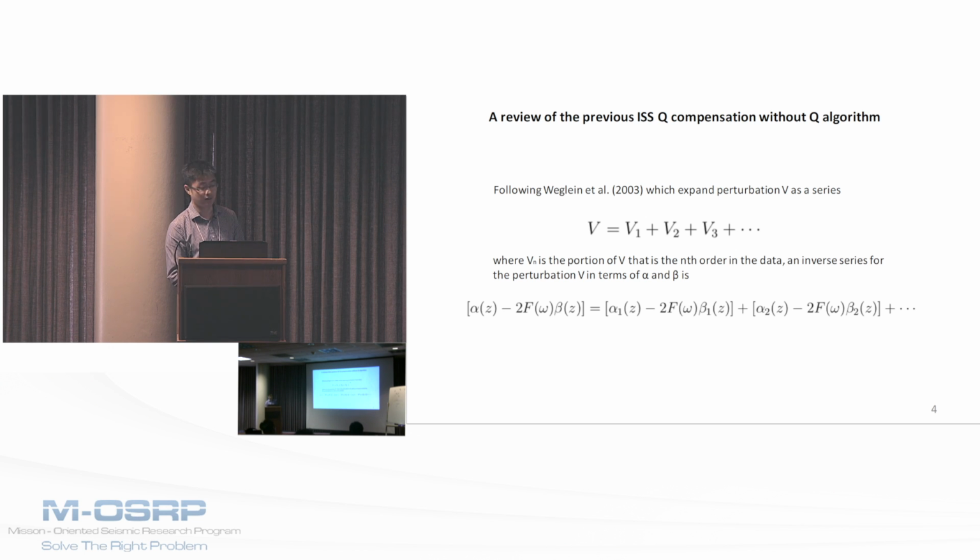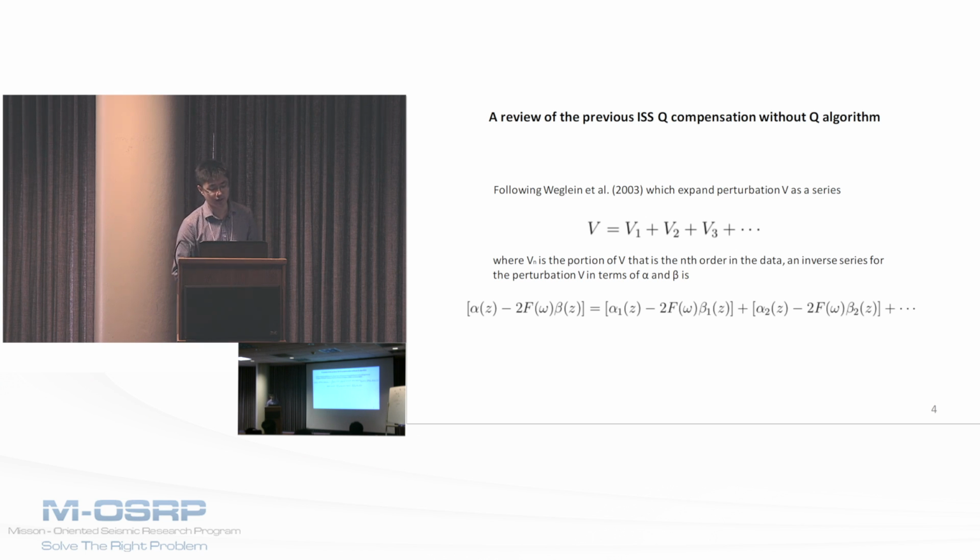For this specific Q compensation, we can write the perturbation V in terms of alpha and beta. Here is the inverse series for V in terms of alpha and beta.